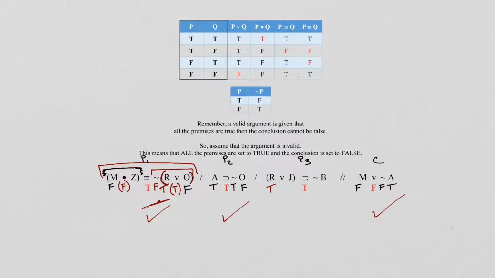So let's look up here, disjunction. Part of it is true. Okay, true, true, true, disjunction. Doesn't matter what J is. It just does not matter what J is because as long as R is true and we have a disjunction, everything inside the parentheses is true already. It's a done deal. Okay?